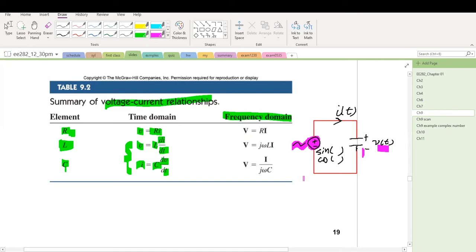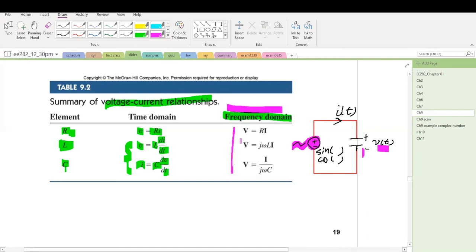The reason we want to study the sinusoid AC format alone is because sinusoid is a very, very popular format of AC applied in the household, in industrials. Because of omega t, omega being angular frequency, phasor domain is also referred to as frequency domain.